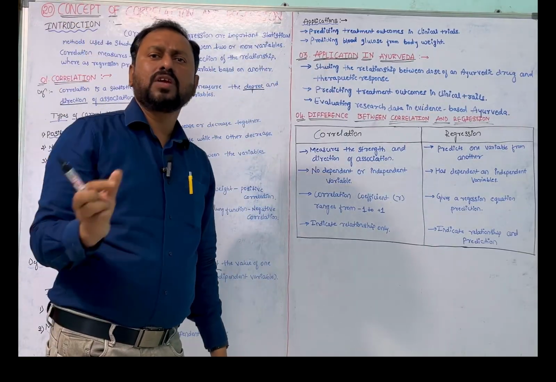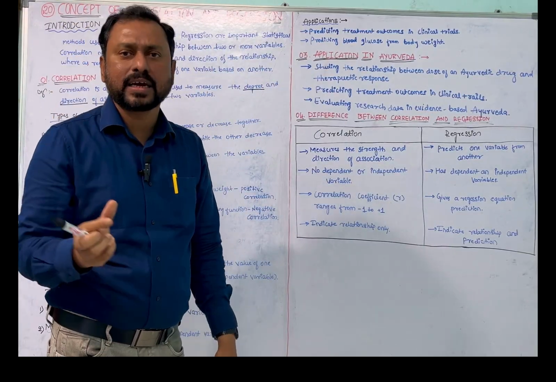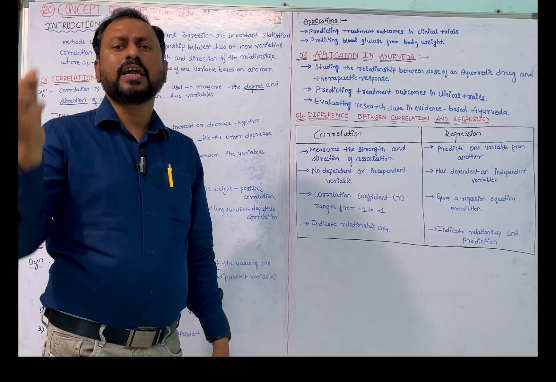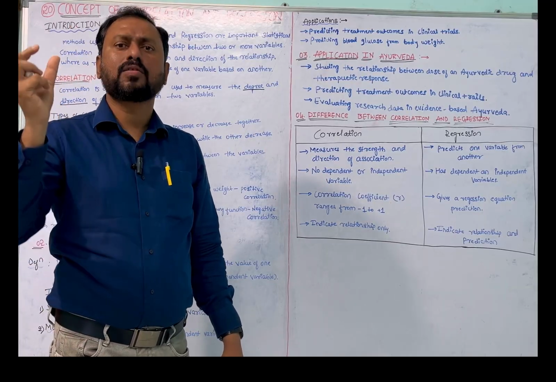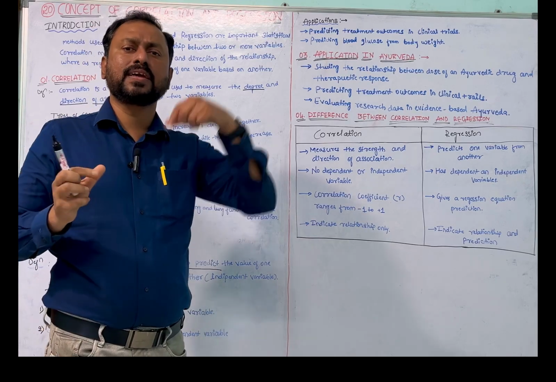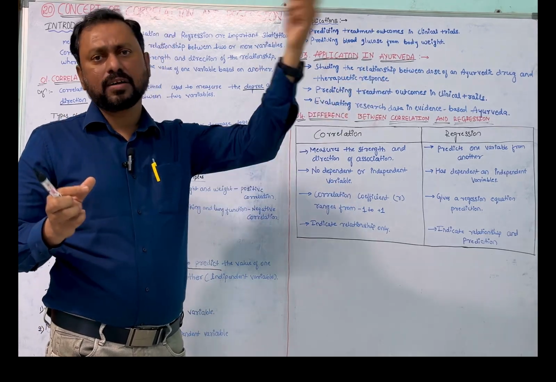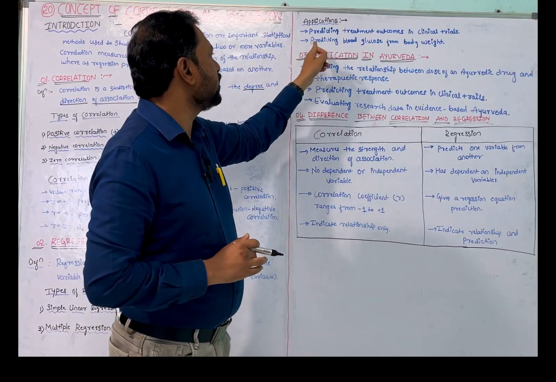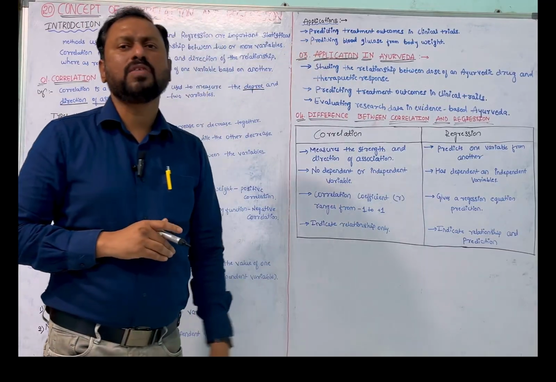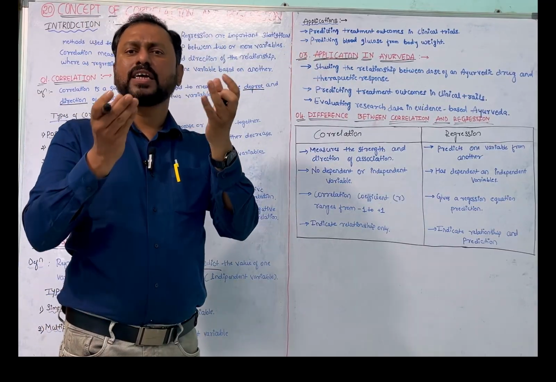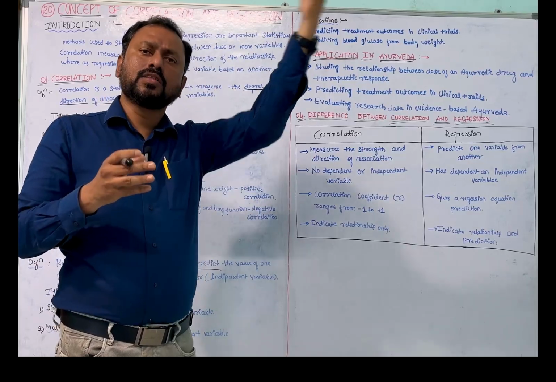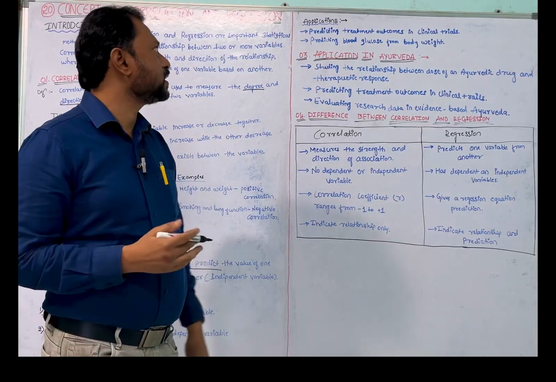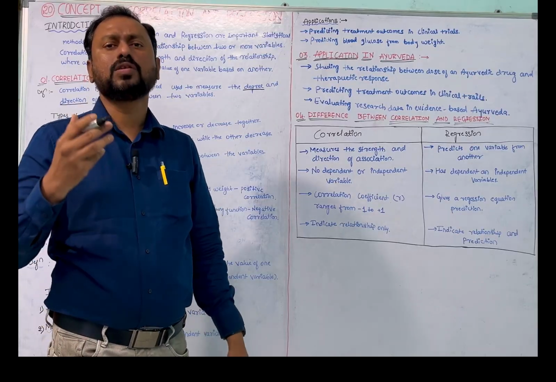If in the preclinical trial, in animal trials, or in silico, the drug does well, we predict that in human beings also it may give a good result. Another is predicting blood glucose from weight. If weight increases, the blood glucose level also tends to increase. This is called regression. These are the applications we use.